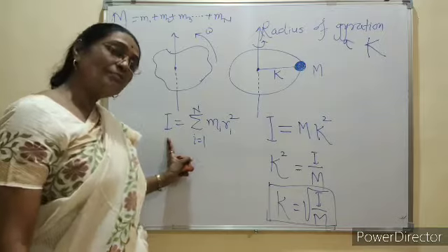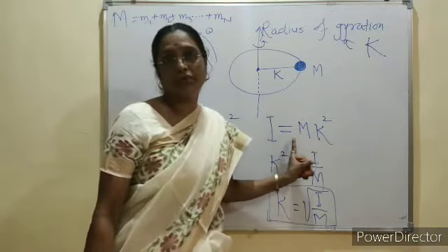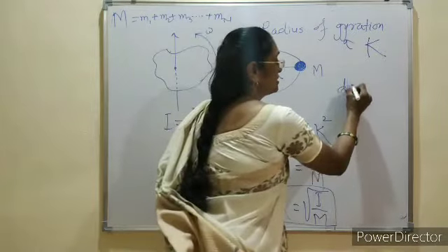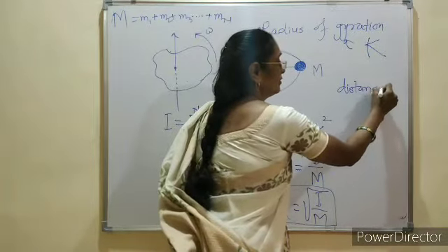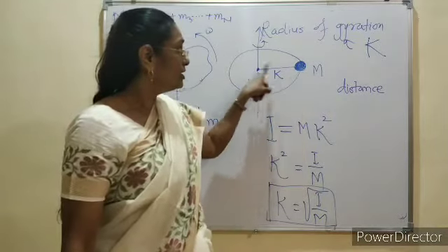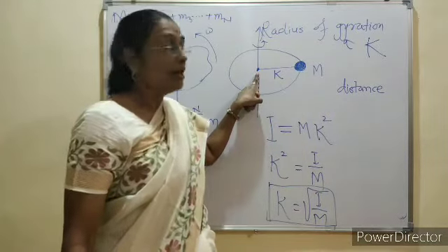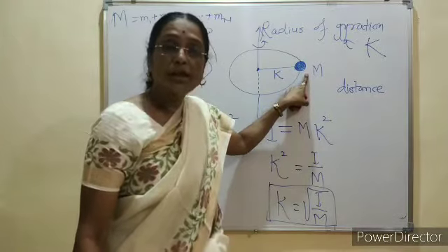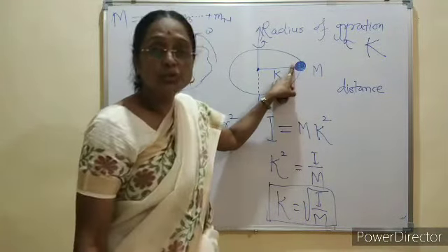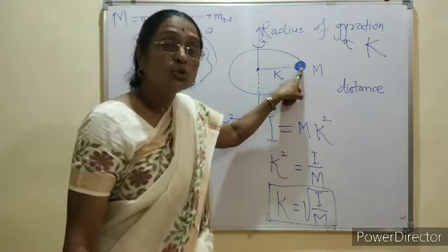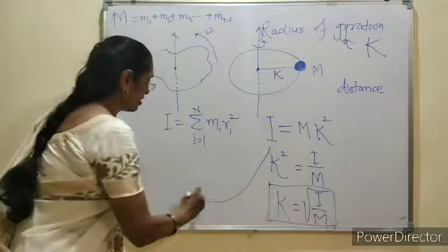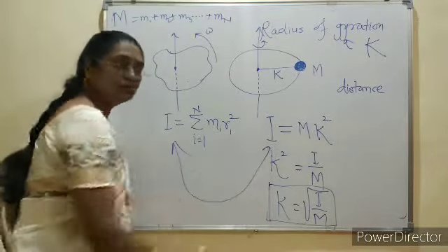So this can be a definition of radius of gyration: it is the distance between the axis of rotation and the point at which the whole mass of the body is supposed to be concentrated so as to possess the same moment of inertia as that of the body.